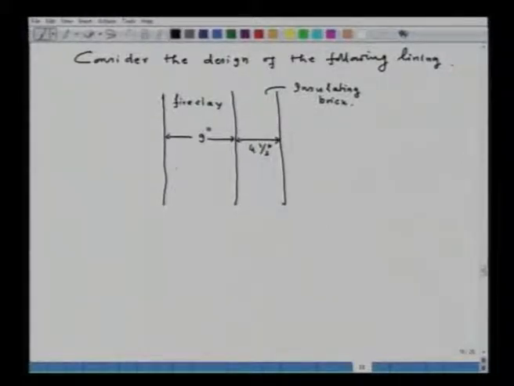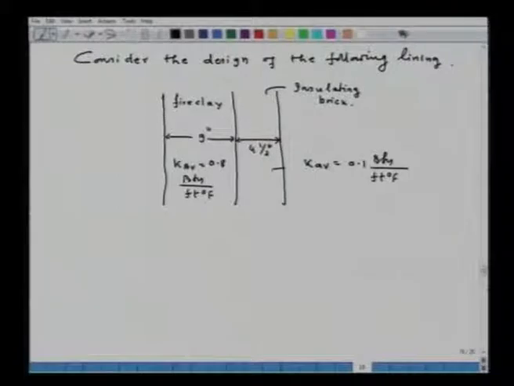Okay. Now, here K average is given to you as 0.8 BTU per feet hour degree Fahrenheit, and the K average here is 0.1 BTU per feet hour degree Fahrenheit.